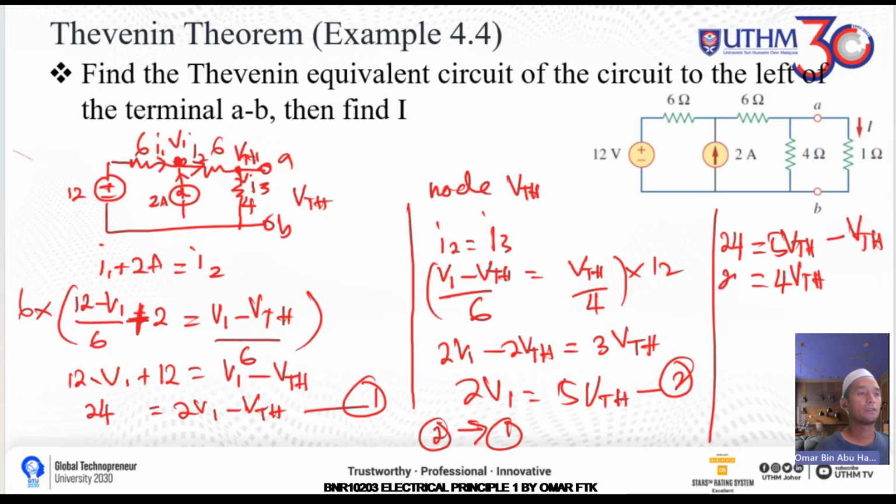So 24 equals 4VTH, so VTH equals 24 divided by 4. How much is it? 6 times 4 is 24, so 6. So you will have VTH equals 6 volt. That means, let's add another page. Duplicate.